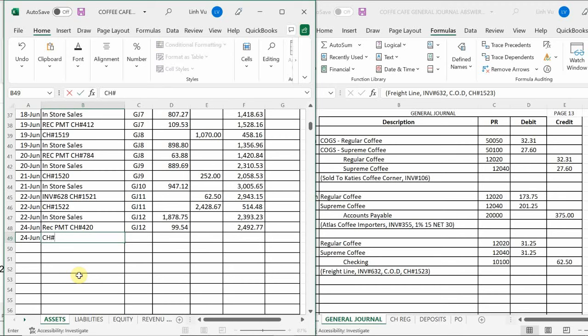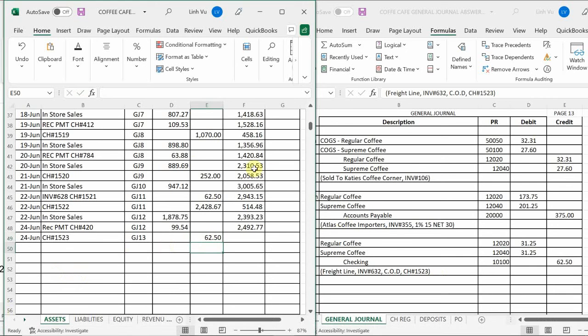We wrote a check number 1523 for a total of $62.50.